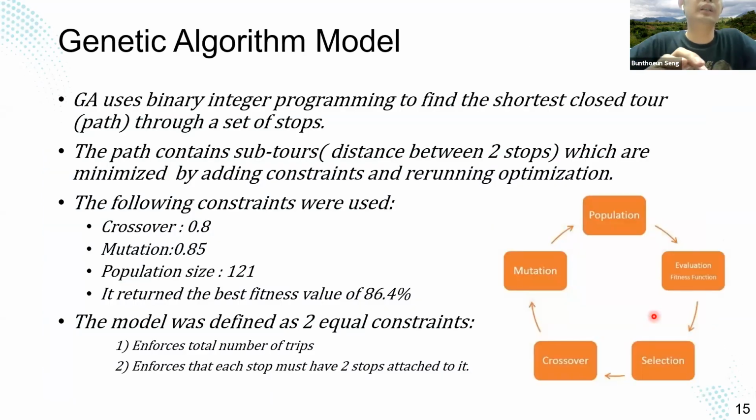Another algorithm that was applied is genetic algorithms. Mainly, the genetic algorithm was applied in genetic reproduction, to find out the likelihood of the offspring, the next generation. And here it was used to identify the number of bus stops as well.